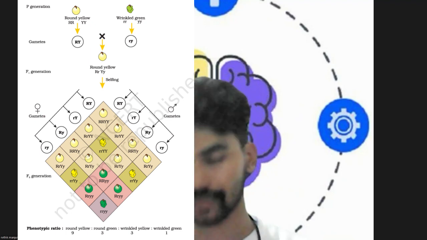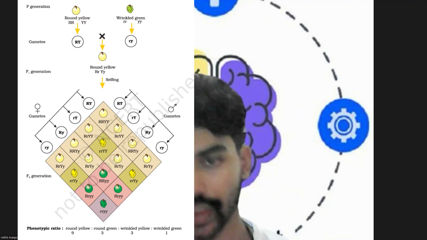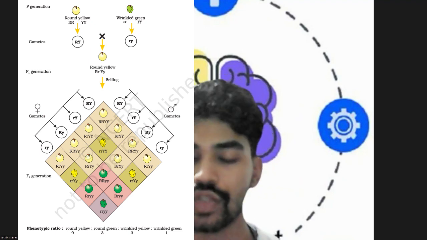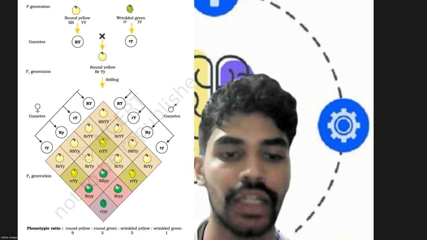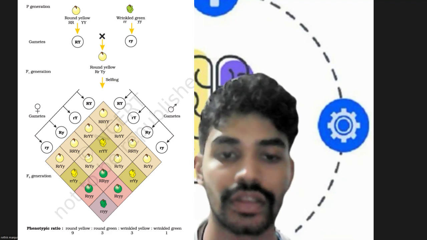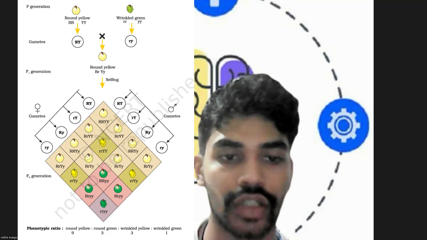So phenotype will be 9 is to 3 is to 3 is to 1. Genotype will also be 9 is to 3 is to 3 is to 1. So this is about the law of independent assortment.